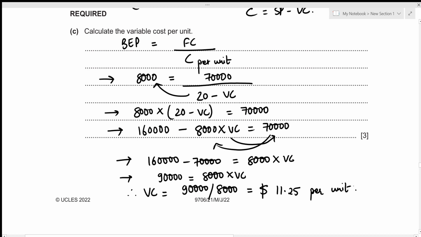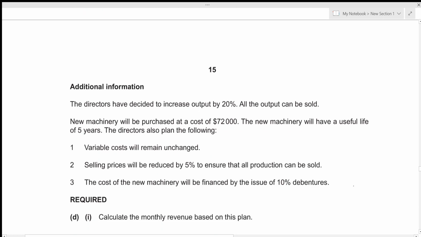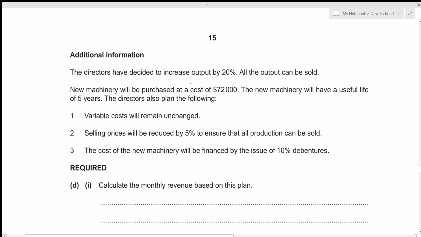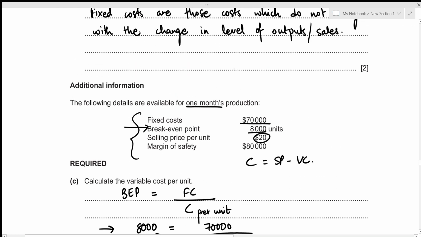Now we can move towards the fourth one. We are again given additional information. The directors have decided to increase output by 20%. All right, let's have a look above. We are only given the fixed cost, break-even point, selling price, and the margin of safety in dollars. So we can figure out our total output by utilizing our margin of safety, right?